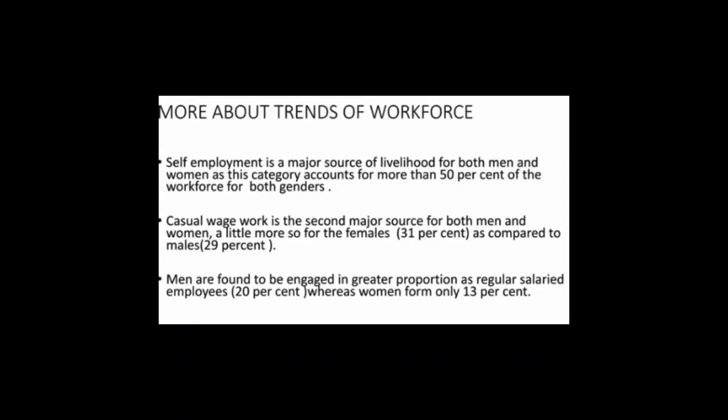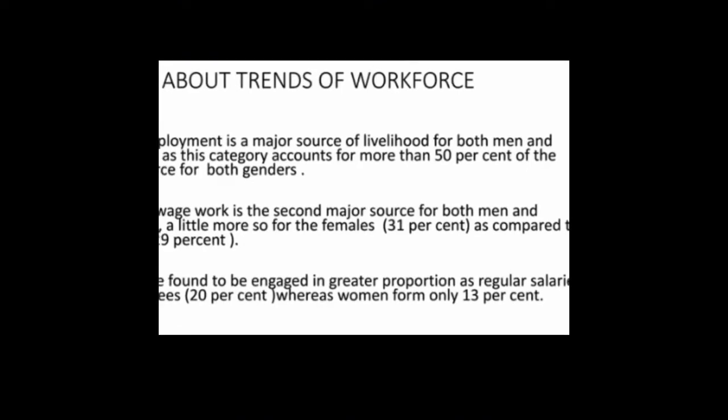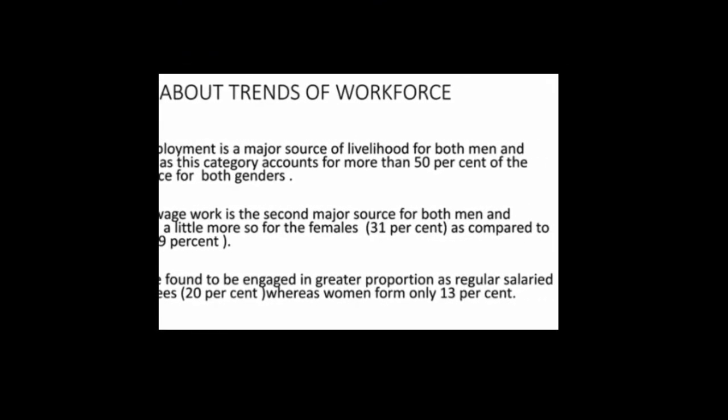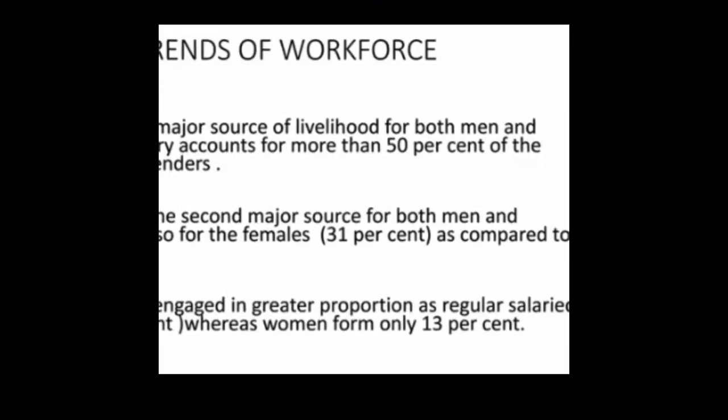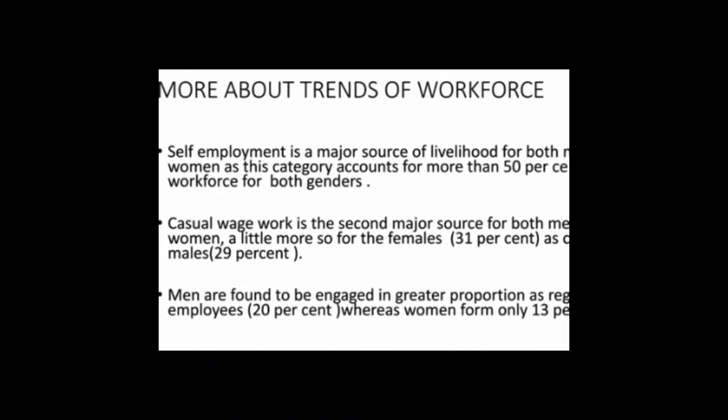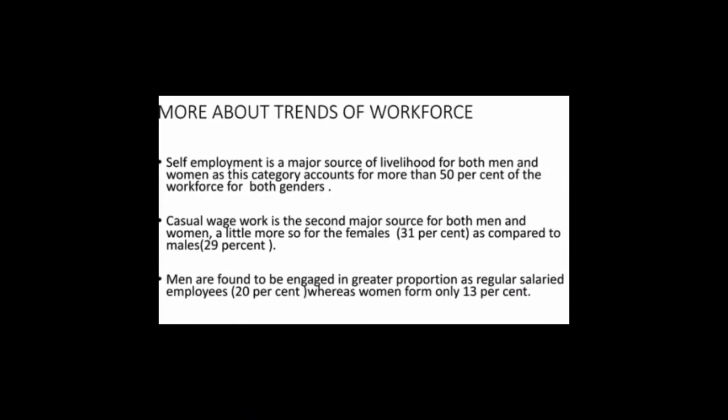Casual wage is the major source for both men and women, a little more so for females, that is about 31% as compared to men, which is 29%. So generally more female workers are working as casual labor as compared to males.